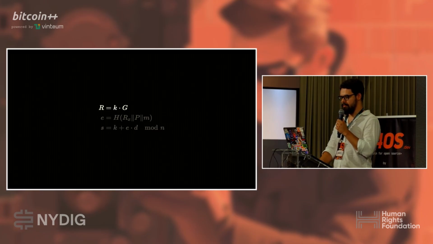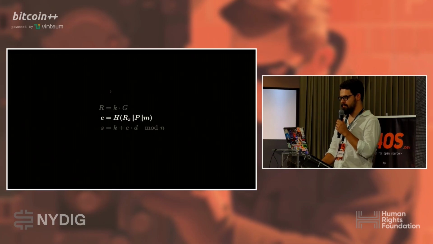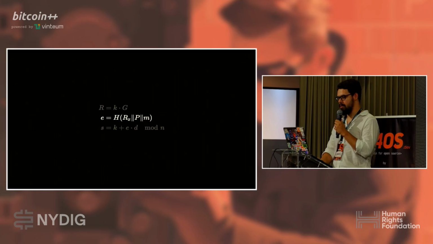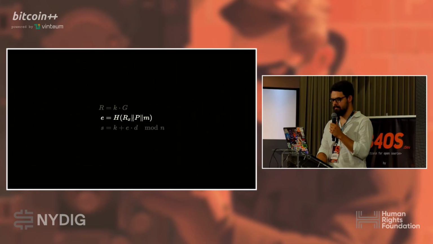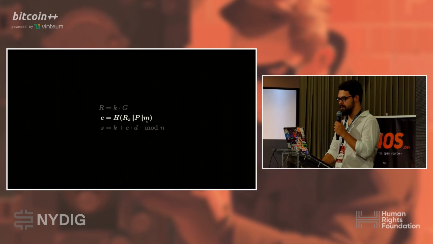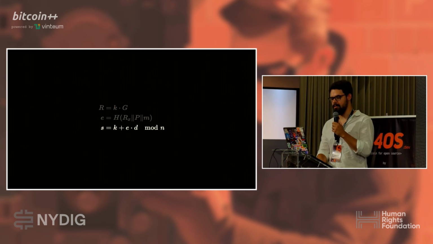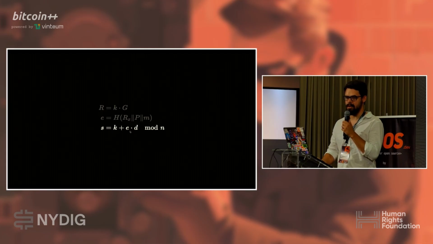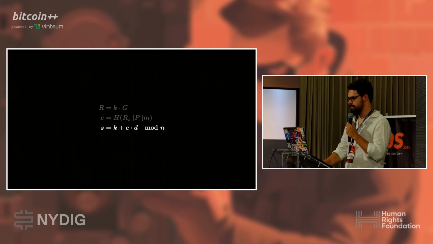Let's say we have a nonce times the generator point, so we get the public nonce, and then you do a commitment, which is a hash of the x coordinate of this nonce, your public key and your message, and then you do the signature by adding to the private nonce the commitment times your private key, right? That's the formula of Schnorr signatures.